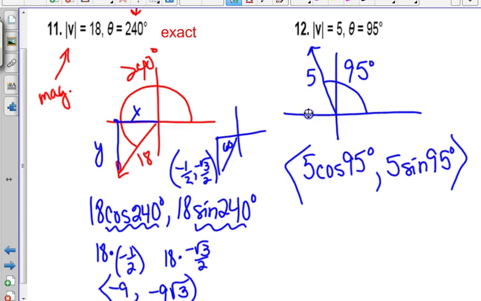A negative x and a positive y. Okay? I have to make sure I'm in degrees, and I'm not. Okay, changing to degrees. 5 cosine 95 and 5 sine 95 gives me negative 0.44 and 4.98, something like that. Anybody else getting that, or did I type something wrong? Okay. Making me nervous.